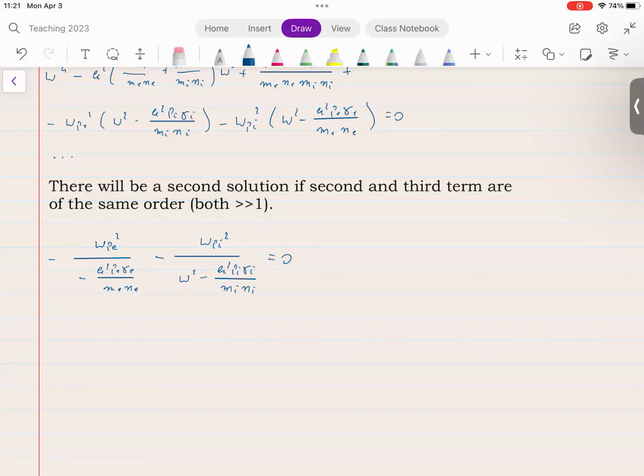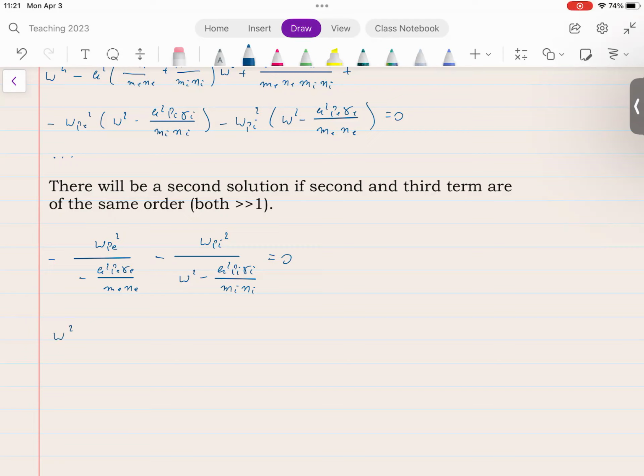You multiply by the two denominators, actually multiply by the first term and by the inverse of the first term, and that leaves you with the following.